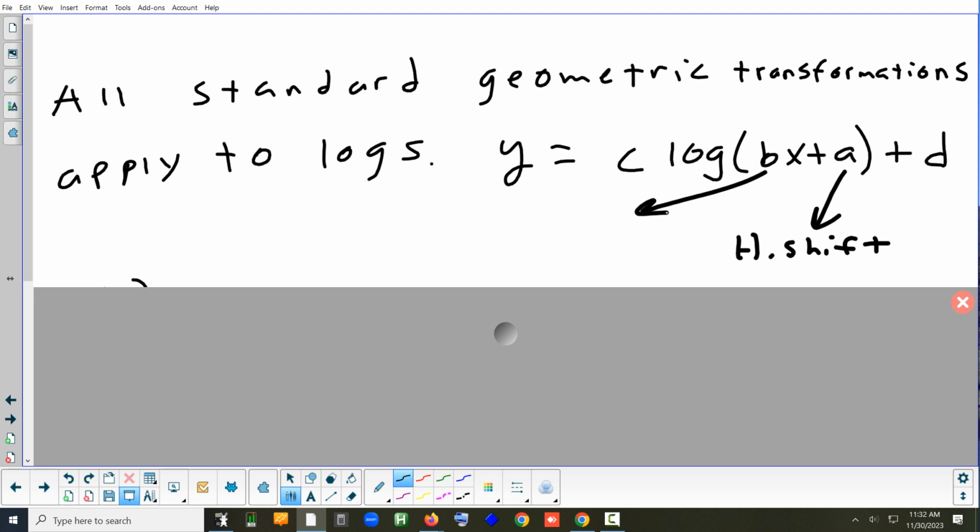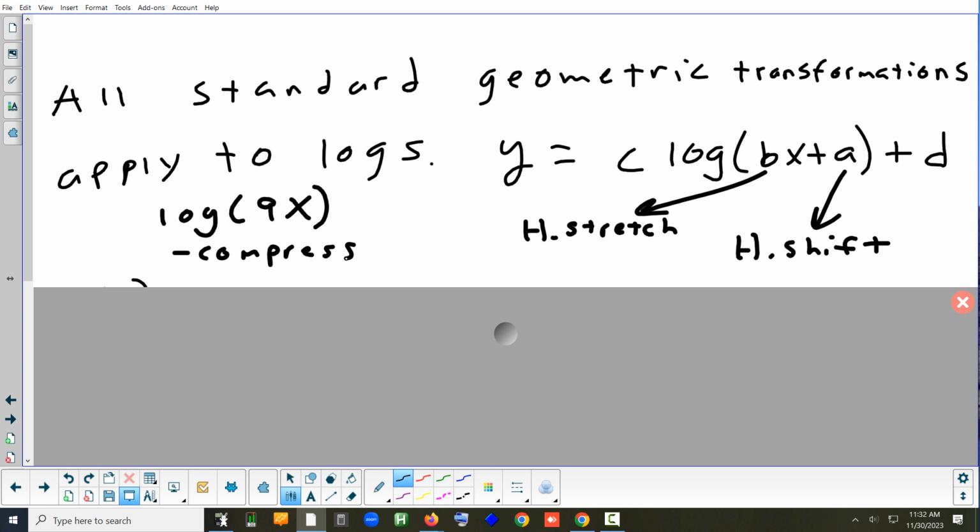Now B is still inside the parentheses, so it's still horizontal, but it's multiplying, it's not adding. So when you multiply, what kind of transformation is it? It's a stretch. And remember, B is backwards, just like A. So if you have log of, let's do something like a log of 9x. 9 is a bigger number, but that's going to compress horizontally by a factor of 9.